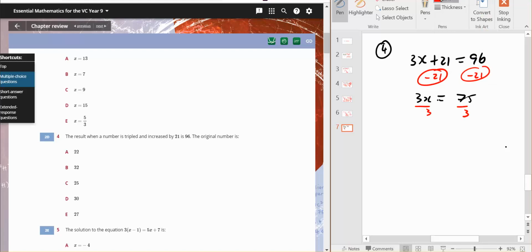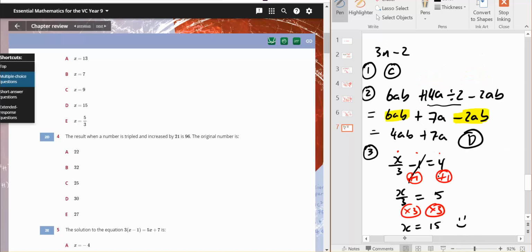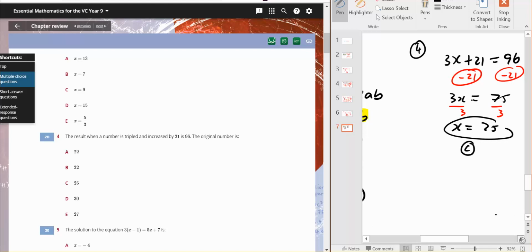Okay, so I should get, now remember you're allowed to use a calculator, so if you can't do the numbers in your head, that's fine. x equals 25. So your answer should be C. Now, I don't think I said the answer to 3. The answer to 3 is D. Okay, so if you're wondering, I did forget to put the actual answer there.